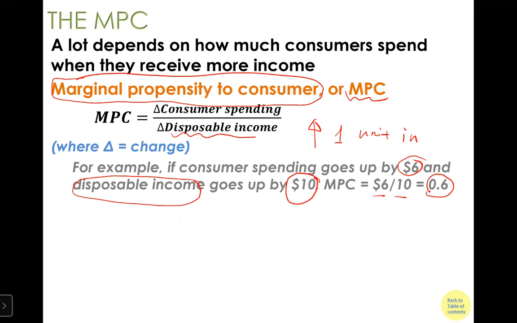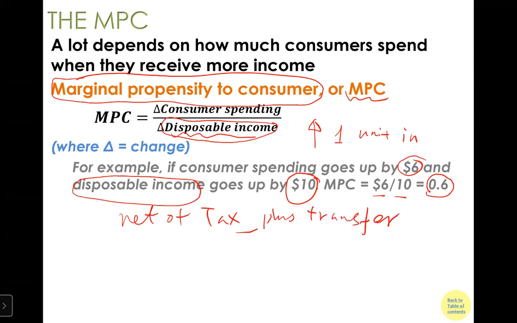That just tells us that if the consumer has an additional $1, this consumer is going to spend 60 cents out of this $1. Here I want to emphasize that disposable income is your income net of tax plus transfers.